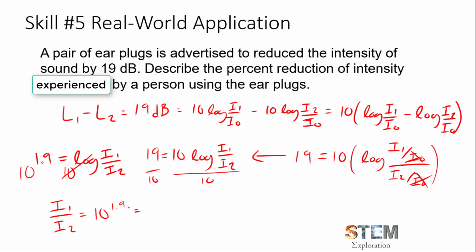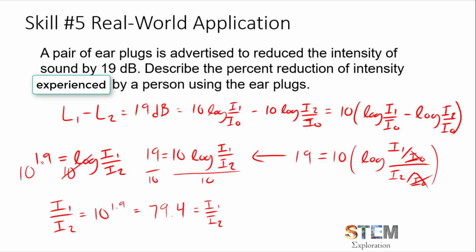And now we can look at an example like this. What we can do is plug this given value into a calculator. This is equal to 79.4. All right, and this is the ratio between I1 and I2.